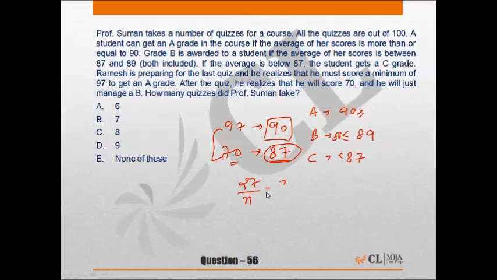Let's say it is n in this case, and this is equal to 3, and we have to find the value of n. From here we get n as 9. So in total Professor Suman took 9 tests, which is option D.